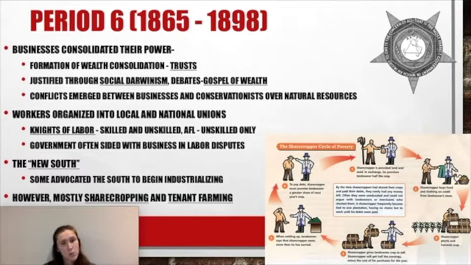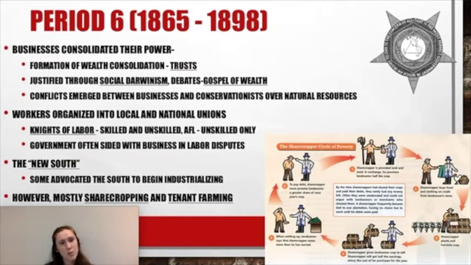And at this time period, one of these justifications is going to be social Darwinism. The idea that, well, these men worked hard in life, they made smart decisions, and they deserve their wealth, and they deserve to be so much wealthier than the common man because of these things. Now we know in reality it's not quite that simple. Usually you have a lot of luck, and then also if you're already born wealthy, you're kind of ahead in the first place.